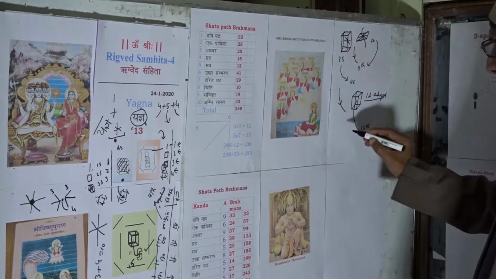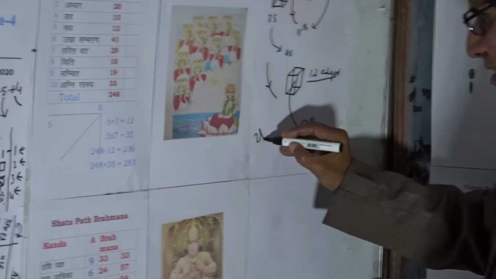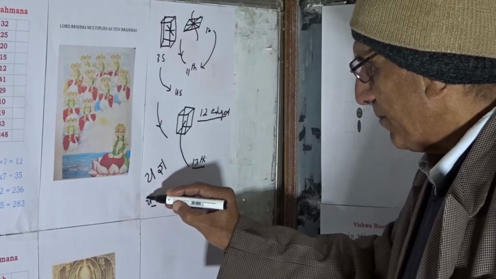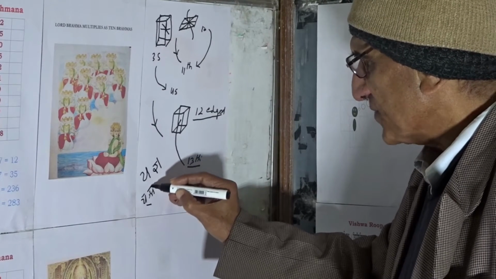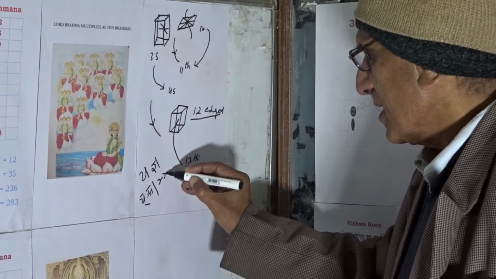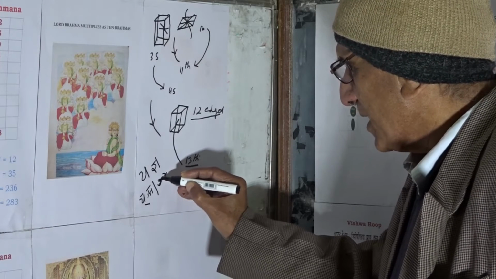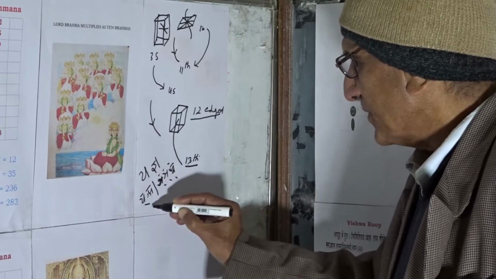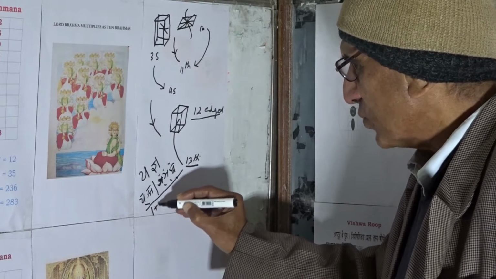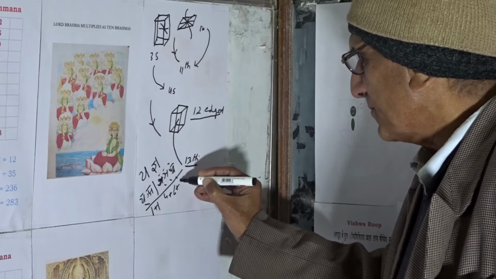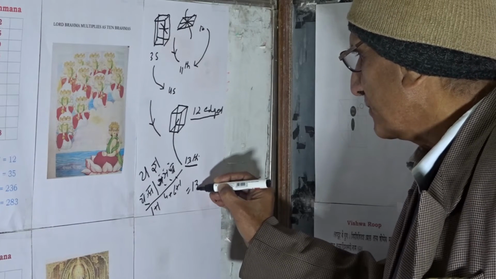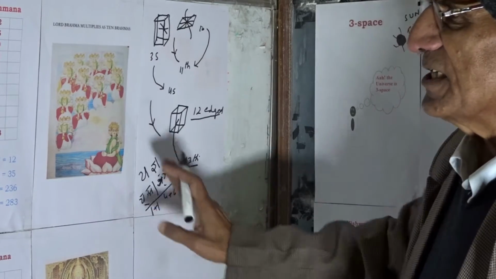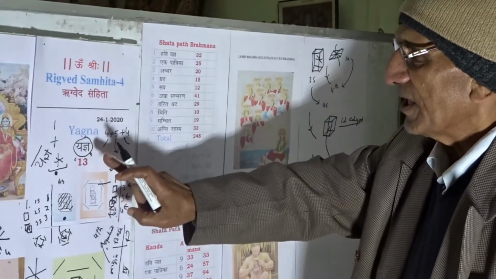Yagna is a formulation of a 5-letter setup, a pair of syllables, and this 5-letter setup is leading us to value 1 plus 1, 4 plus 6 plus 1, making it 13. This value 13 is the TCV value of the formulation Yagna.